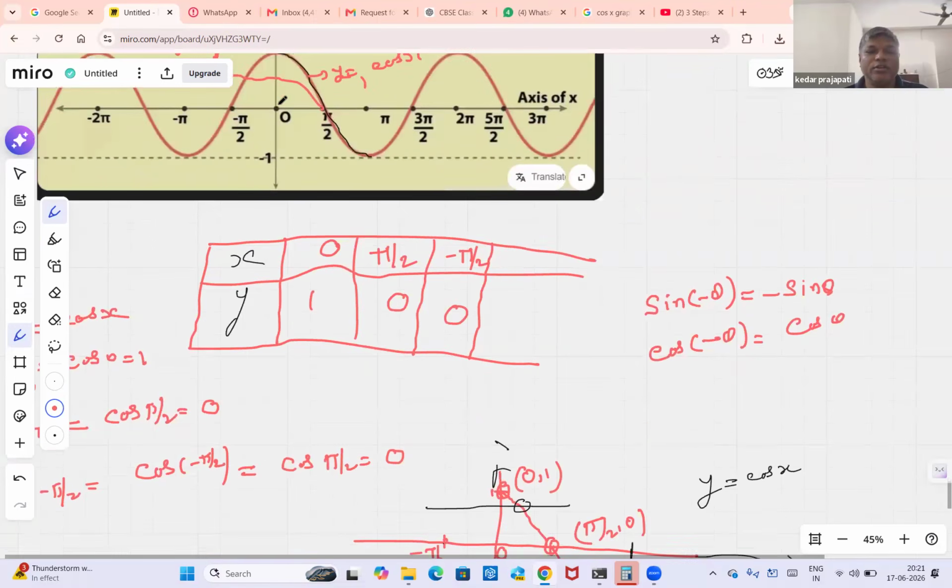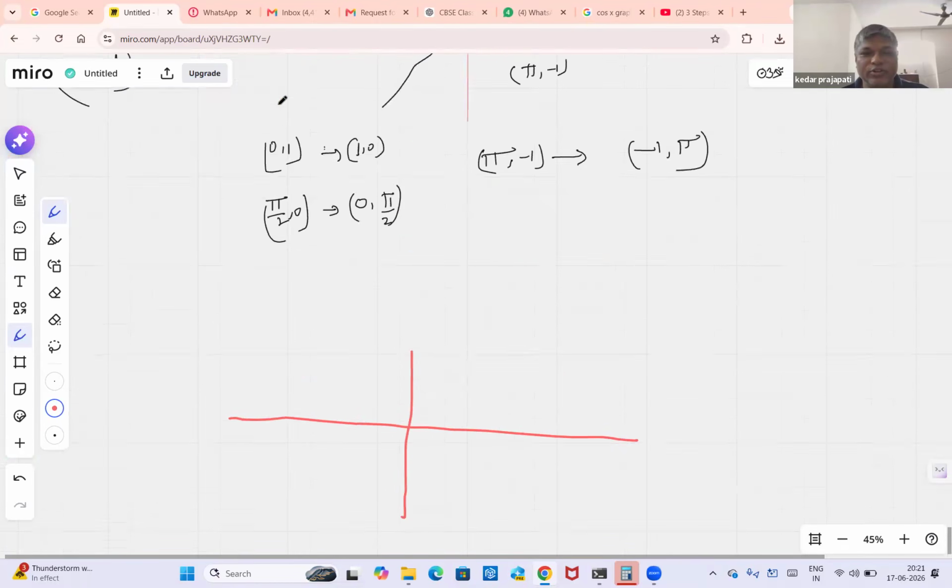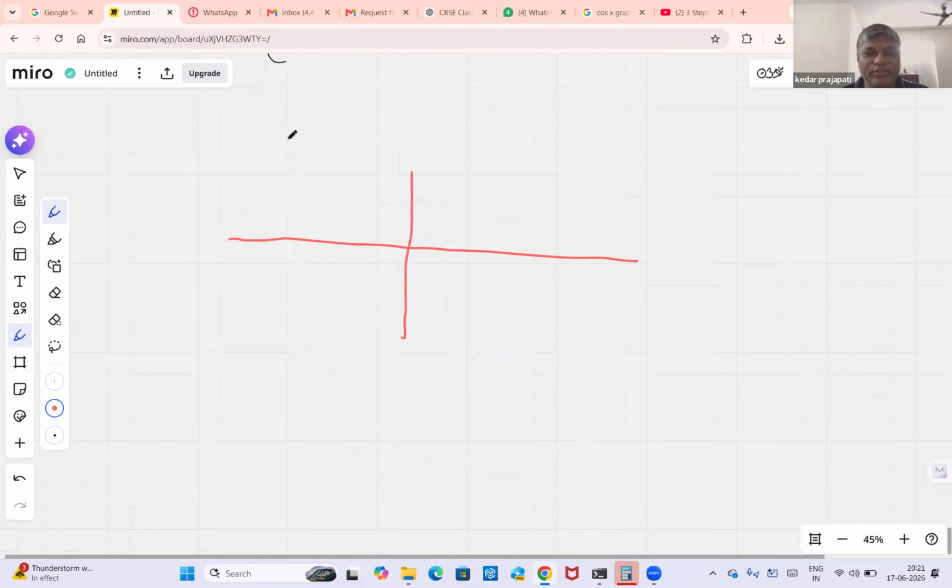Right? Now, in your exam, if they ask you to identify the graph of cos inverse x, what will you do? We'll draw from here and take it here.